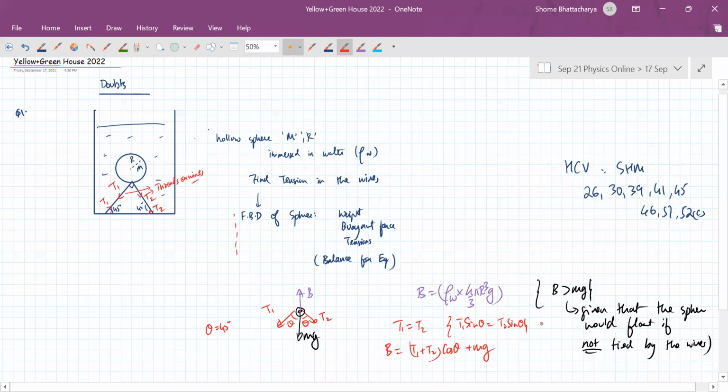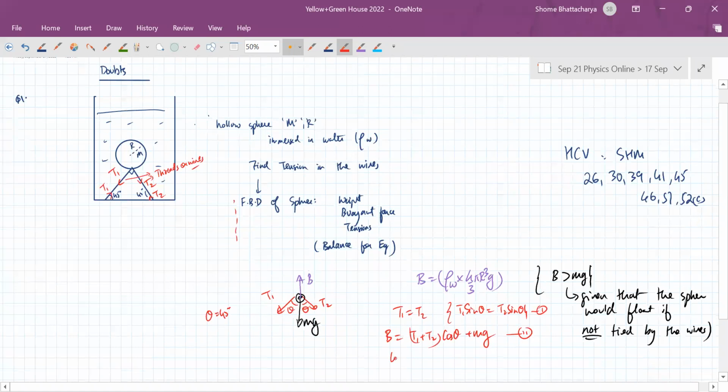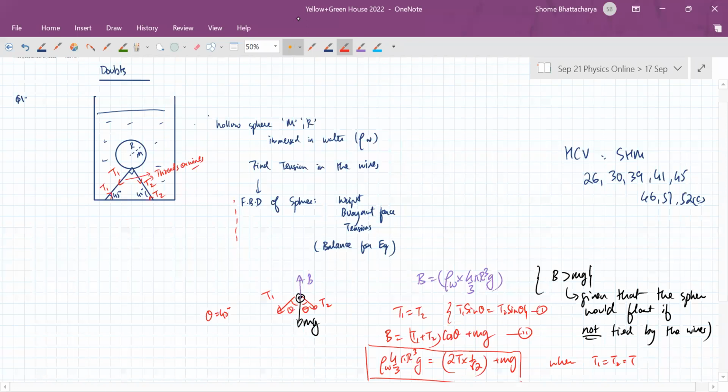So solving these two equations, you can quite easily see that we'll have the relation that 4 by 3 pi r cube into density of water into G is equal to 2T into 1 by root 2 plus mg, where T1 is equal to T2 is equal to T. So this should give you the answer. Hope the question is clear, Diti. Okay, very good. So make a note of this if required. Let's come to the next question.